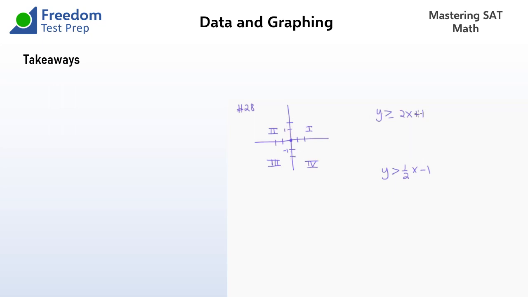Okay, so we have a y-intercept here of 1. That means it hits the y-axis at 1, and a slope of 2. And a slope of 2 means you can go up 2 and over 1, and up 2 and over 1. And if you want to go down, you can go down 2 and over 1.